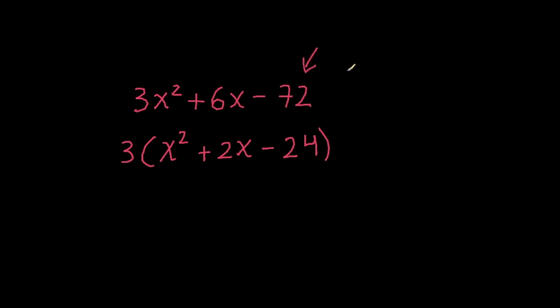Well, there's a very nice trick you can use whenever you try to see if a number has a factor of 3: you can just add up its digits. So 7 plus 2, in this case, those are the digits of 72.